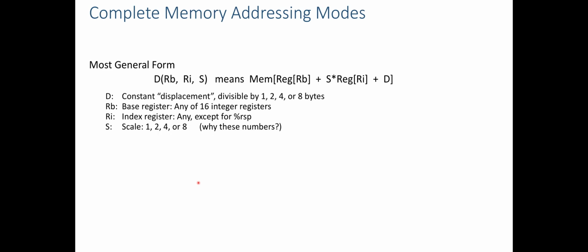The most general form of this looks like this, where we can have the displacement, the RB, what's called the base register, and then we can have another register name, and we can have something called a scale.